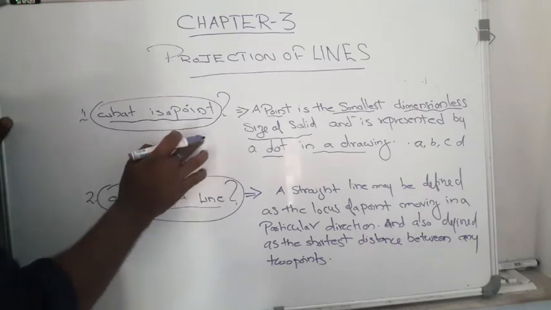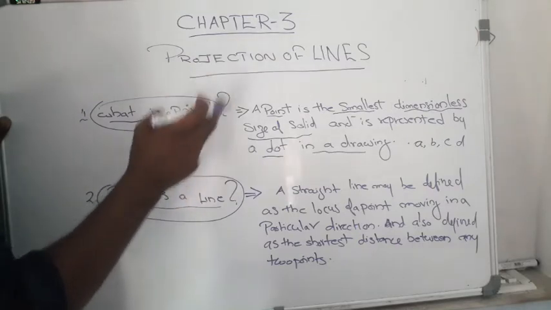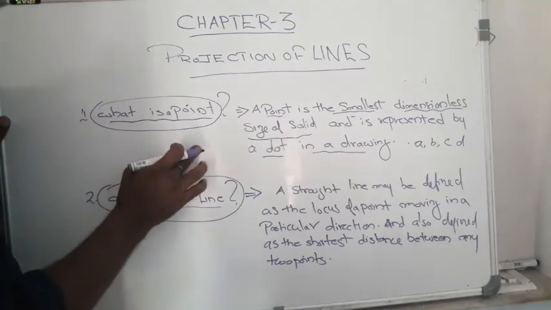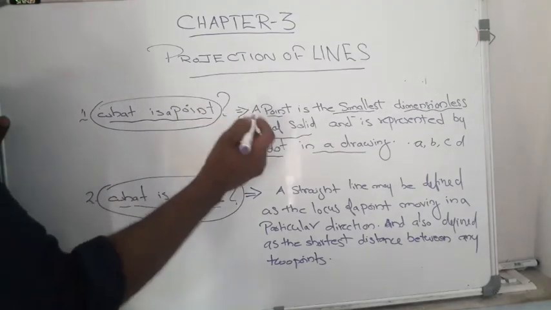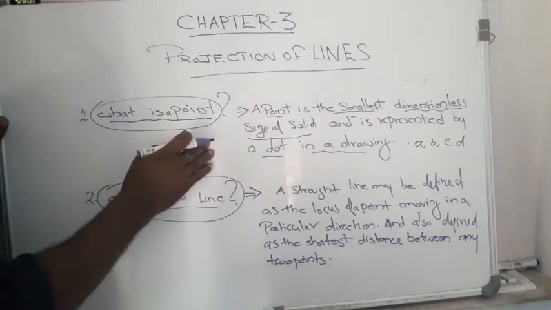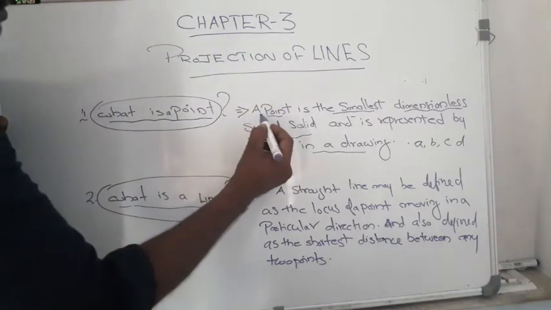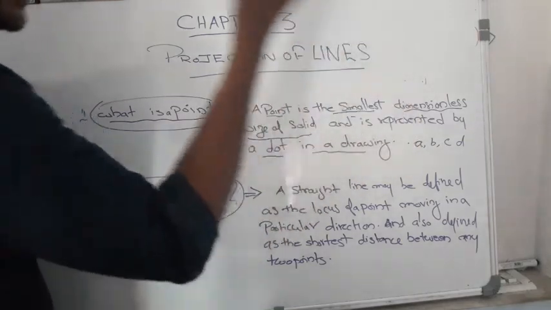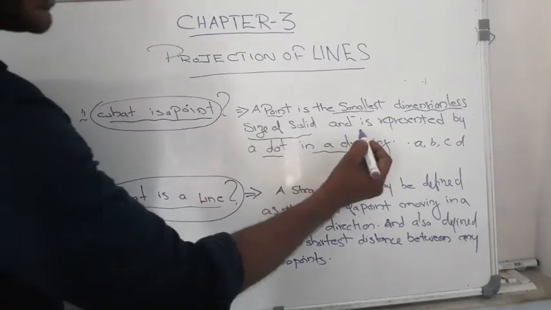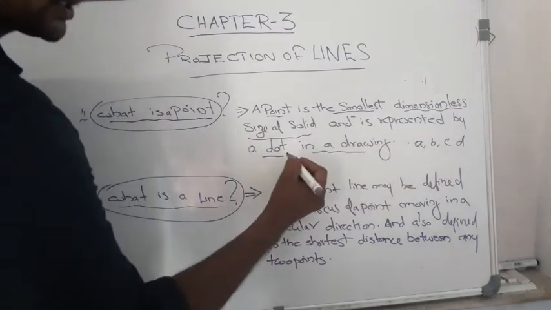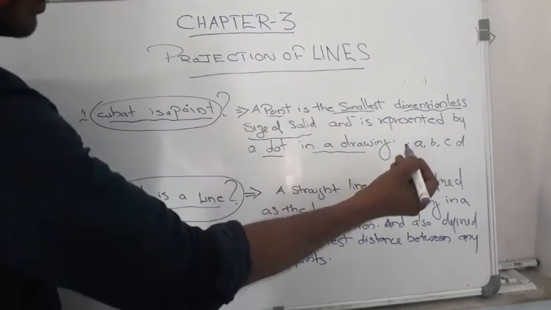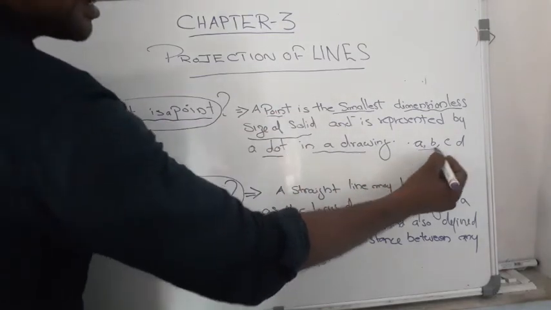We have already completed our two chapters related to point projection. We have to define the term point: a point is the smallest dimensionless size of a solid and is represented by a dot in a drawing. We can represent that point using an alphabet.